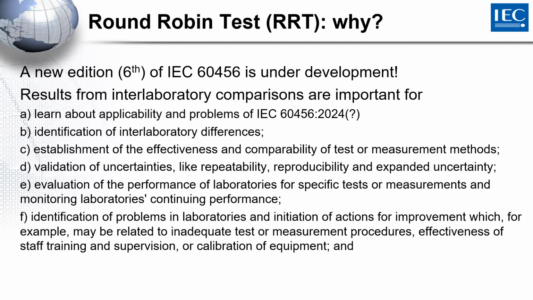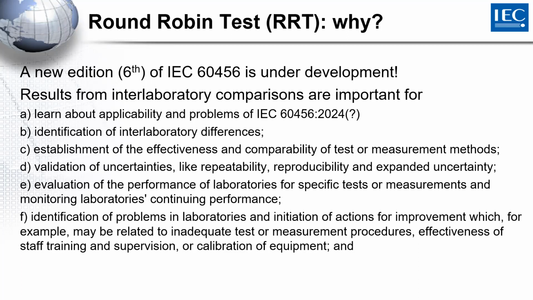But we also want you as a laboratory to identify problems in your laboratory, and we want you to start to take actions to improve those problems, because we have a lot of new procedures in this new standard, and you may find out that you need to improve your measurement procedures.